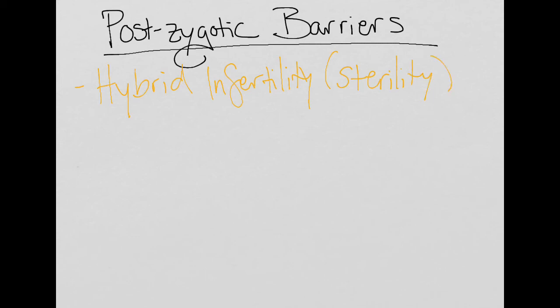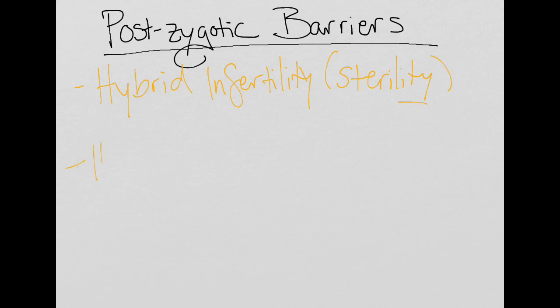So basically what this is saying is that a hybrid is sterile. This is sort of like a mule is sterile, and so even though the organisms can create the child, the child itself cannot reproduce. And so those two species, I believe it's a horse and a donkey, create a mule. Those two species are still separate species because even though they can create a child, that child is not viable offspring because it is sterile and cannot create its own children.